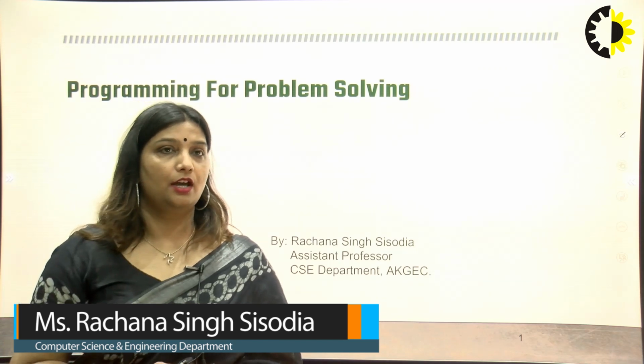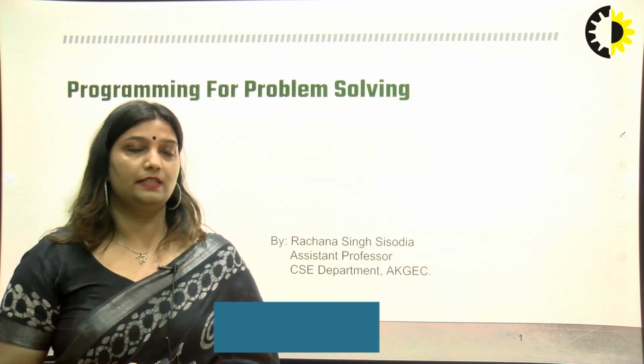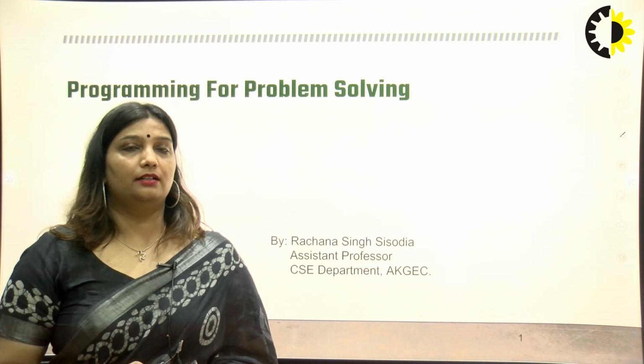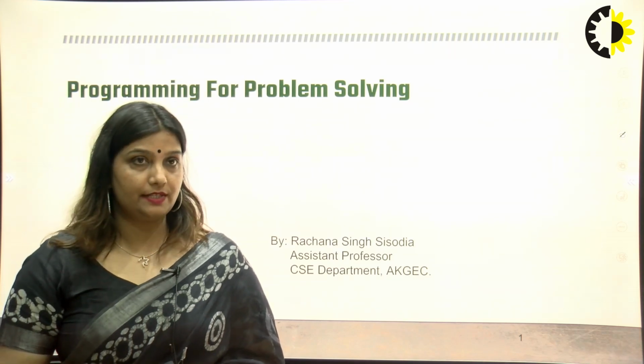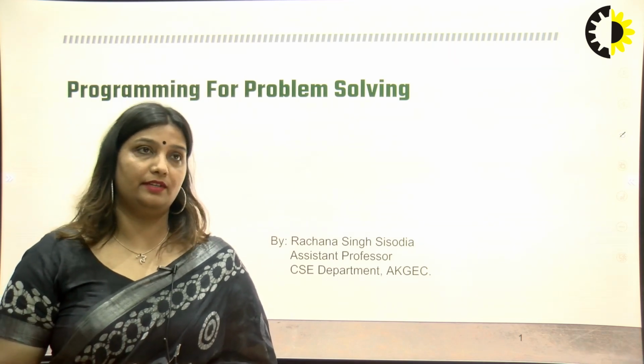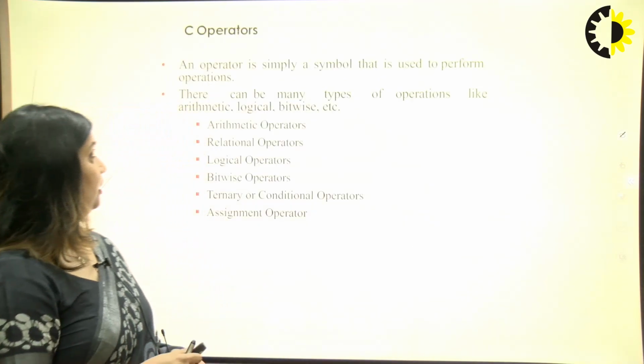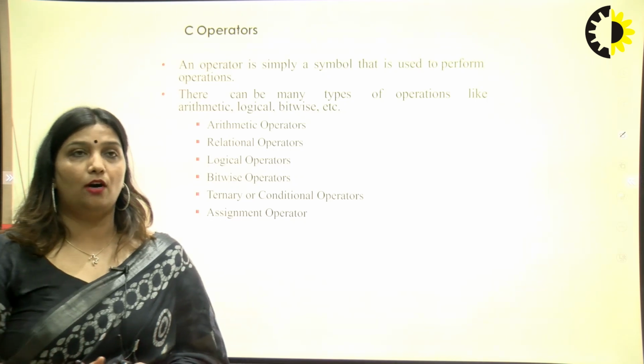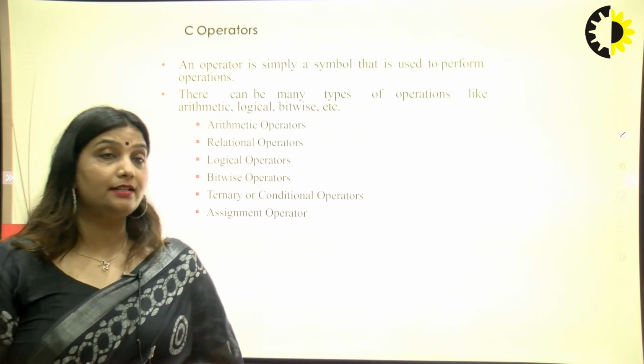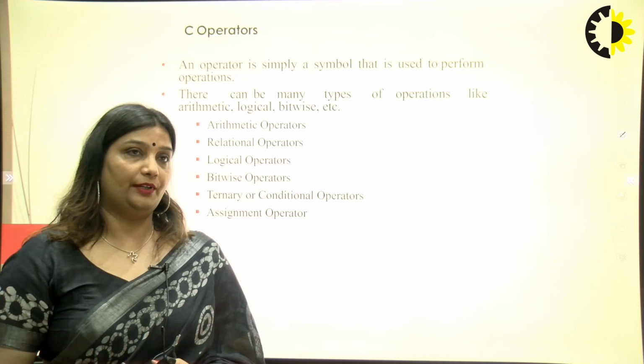Engineering College. Today we will discuss the C operators with some examples, and we will implement the examples with the syntax. An operator is simply a symbol that is used to perform operations.